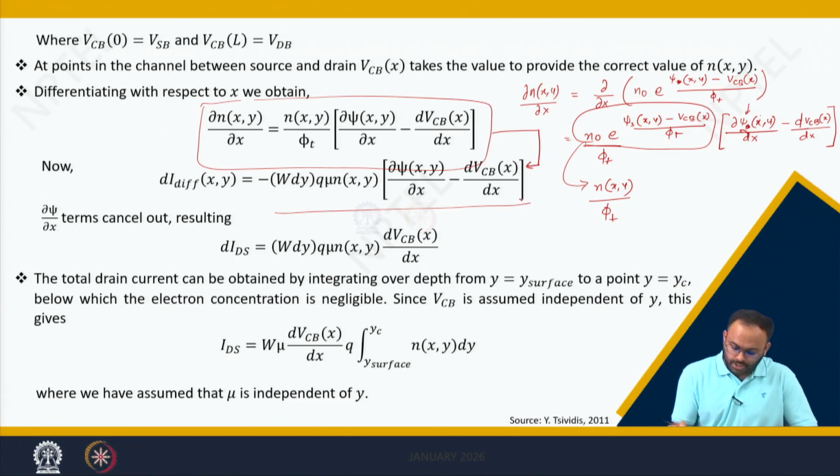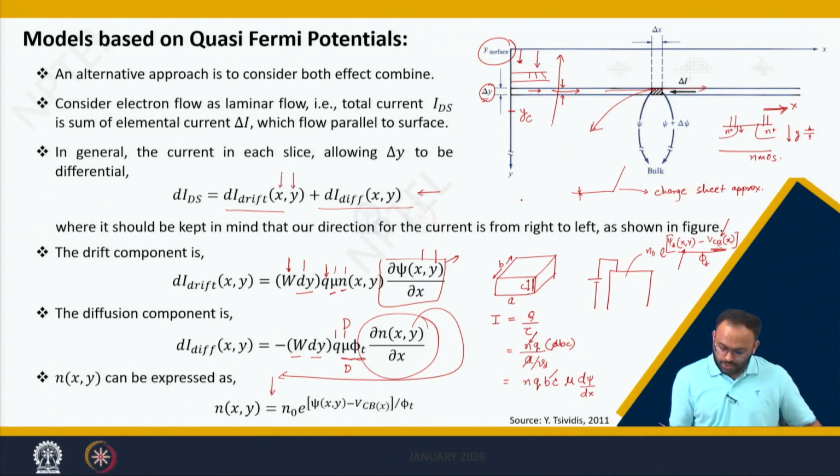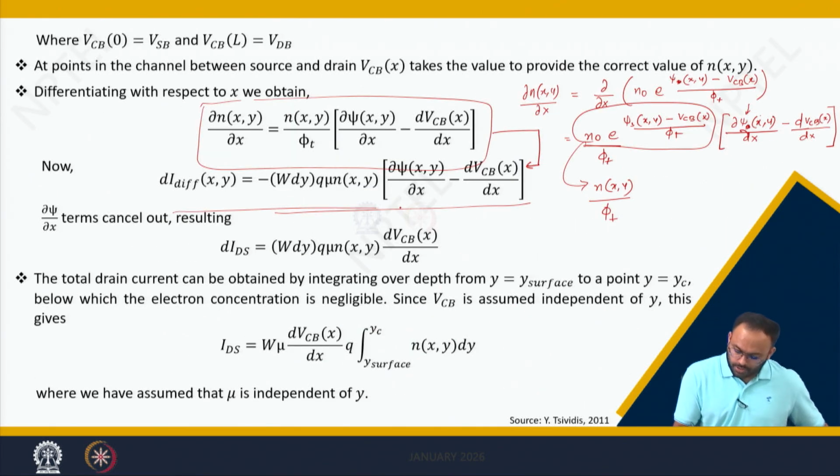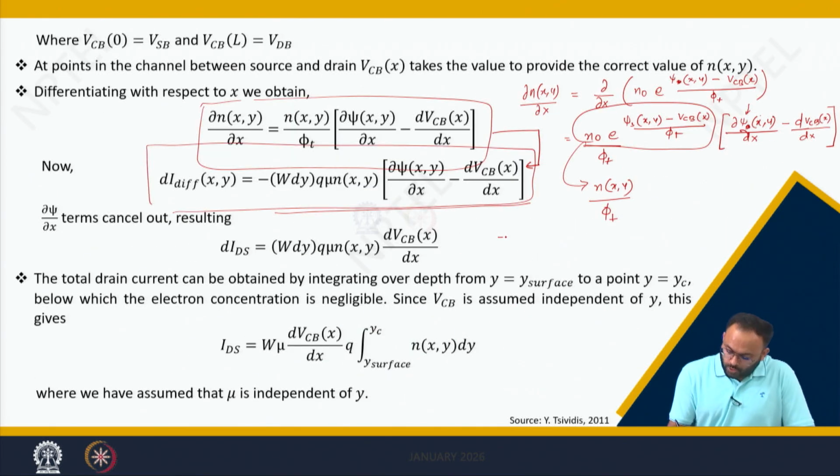Ultimately you will get this equation, because in the diffusion current equation we do have an expression of delta n by delta x. When you put that in, you will get this equation. To find out the total current, we need to add the drift component and the diffusion component. When you add, you will find that this term is getting cancelled.